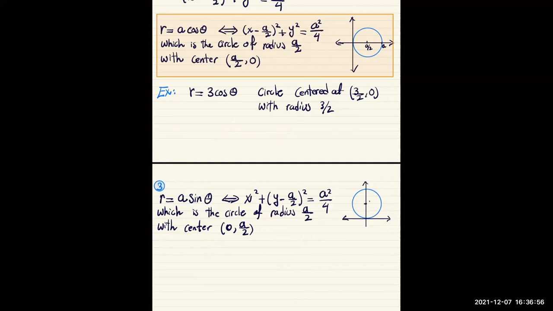So this would be a over 2, and that's a.